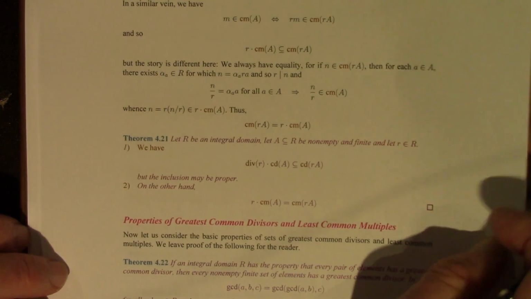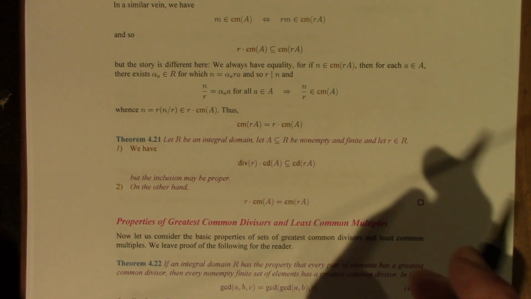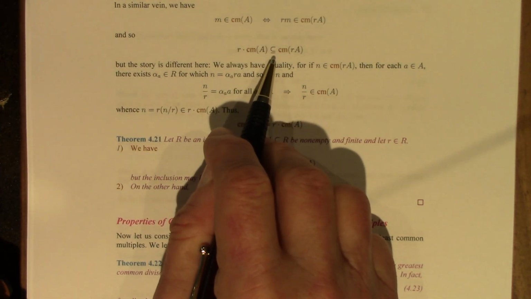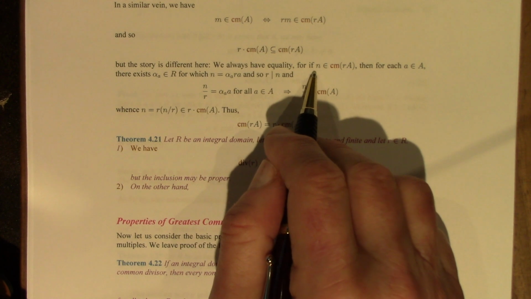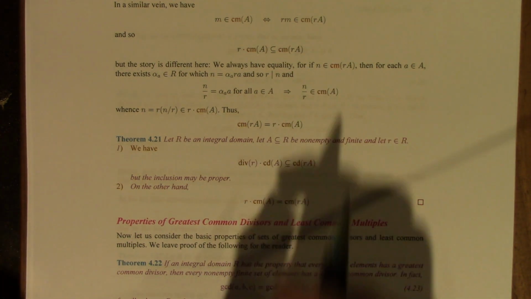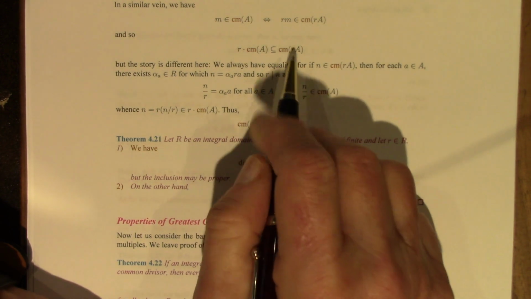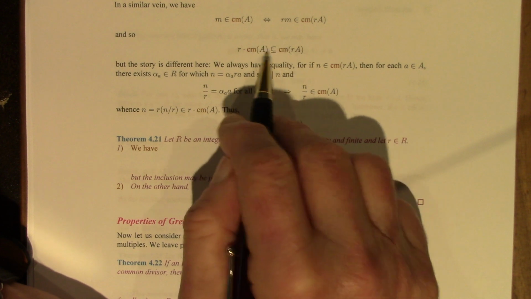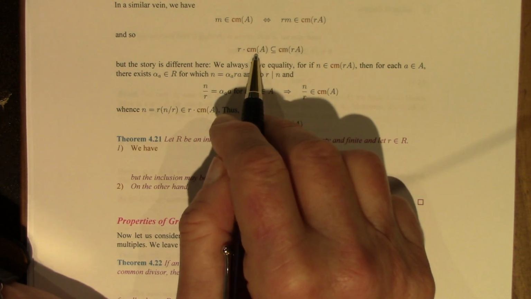But the story is different here. It's nicer. This is always an equality, because, I guess first we should say, if there are no common multiples of rA, this is empty, then this side is also empty, so they're equal.